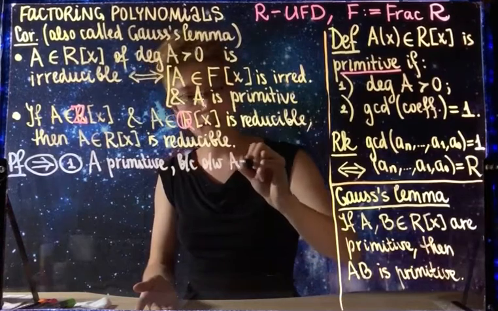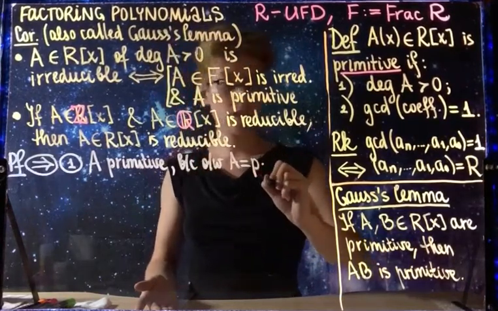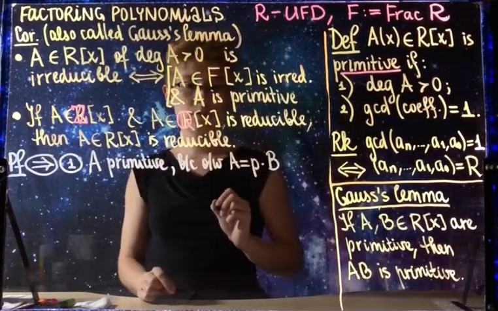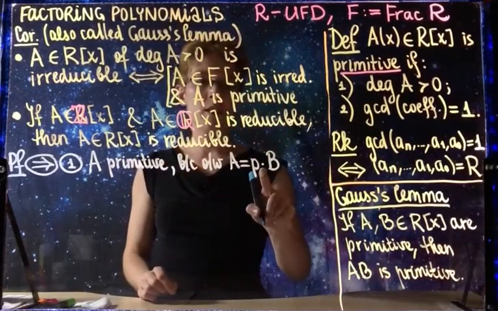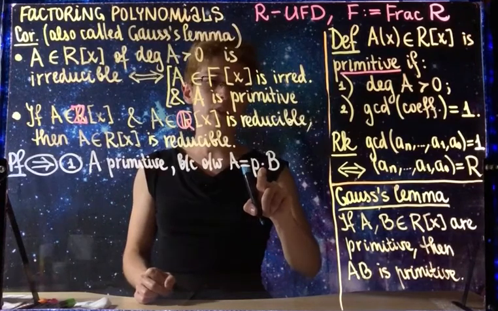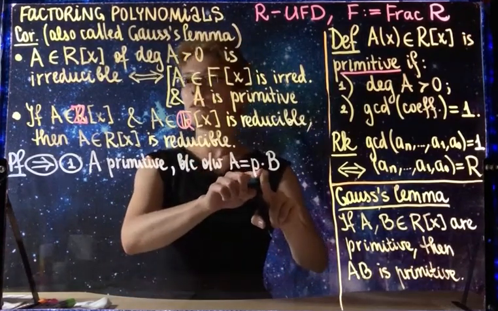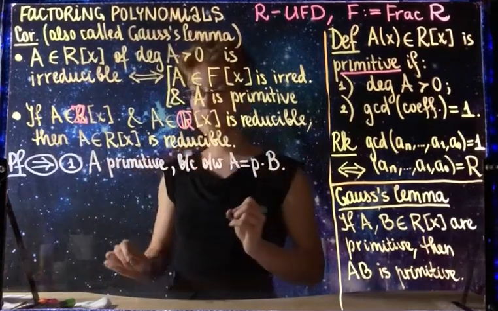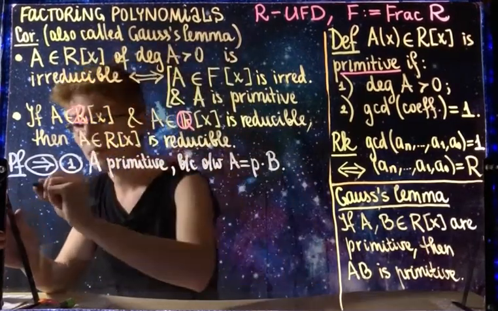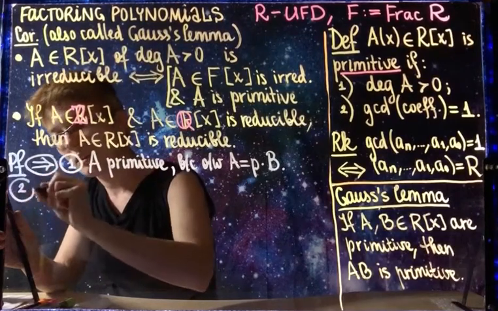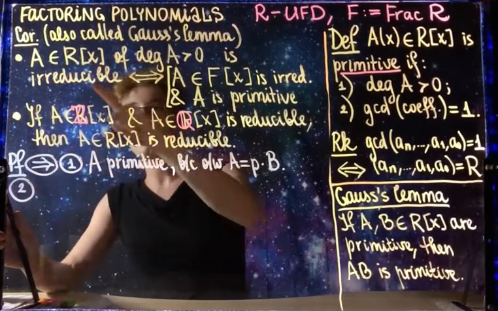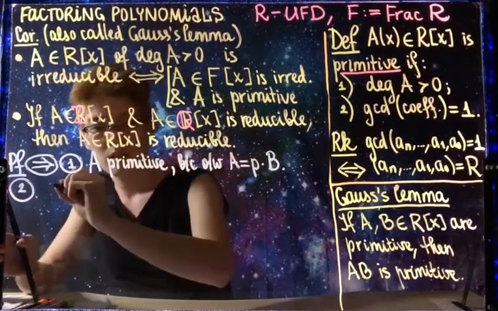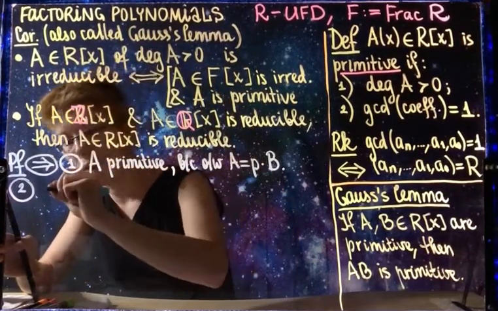Because otherwise A is equal to some prime element of R times B, and it is a non-trivial factoring over R. To show that A is irreducible over F, let us prove by contradiction.